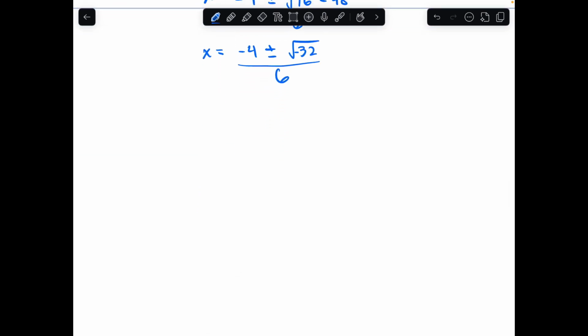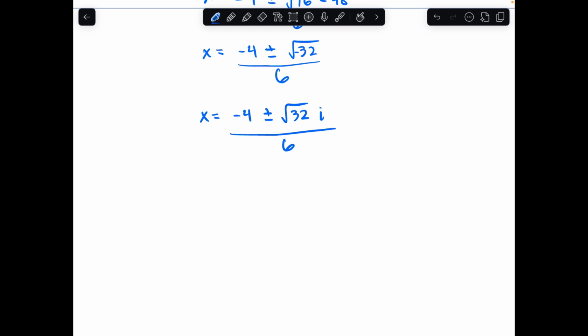Now from here, I can write the square root of negative 32 as the square root of 32 times i. And so we'll have x equals negative 4 plus or minus the square root of 32, i, all divided by 6. Now the square root of 32 can be written as the square root of 16 times the square root of 2.